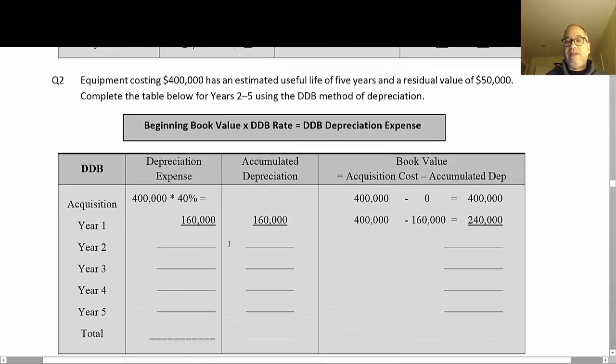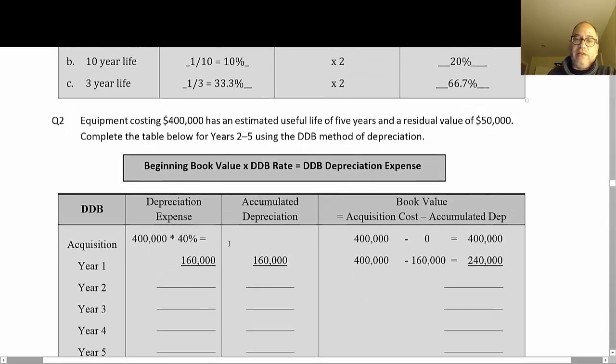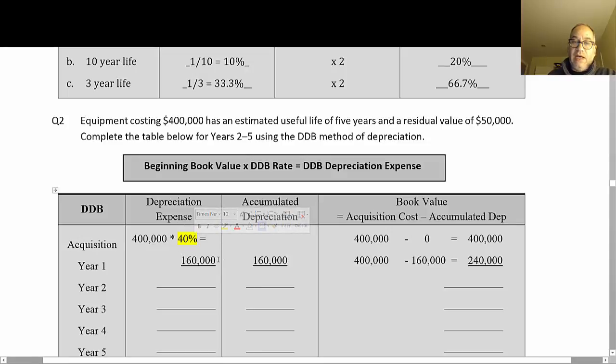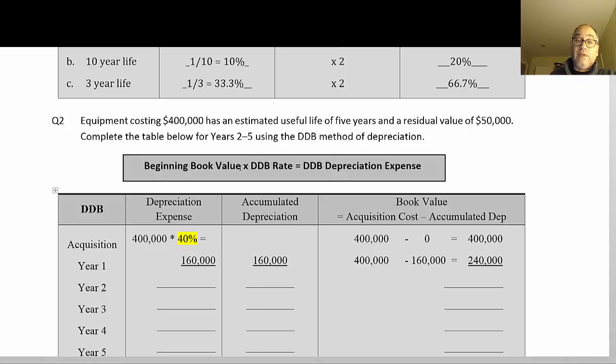Using double declining balance, we would double the straight line rate. The straight line rate for a 5-year asset was 20%, so the double declining balance rate would be 40%. And we would not multiply it by the depreciable base. That's what we do with straight line: depreciable base times 1 over the useful life.